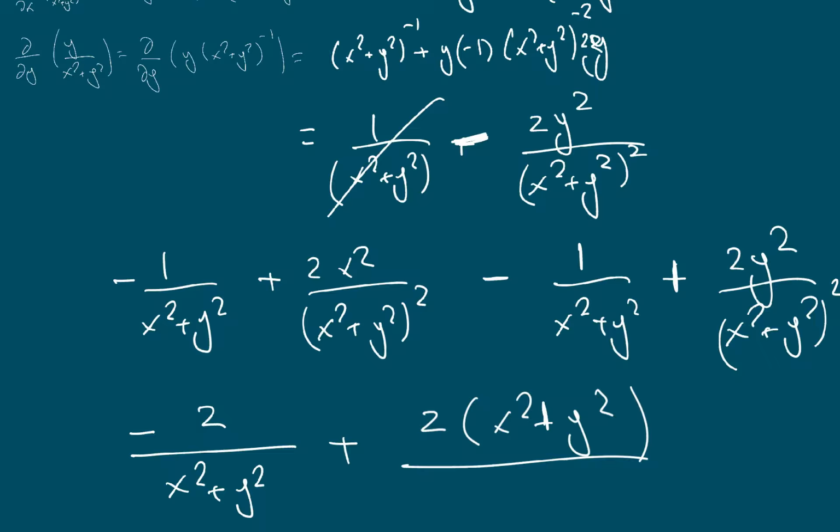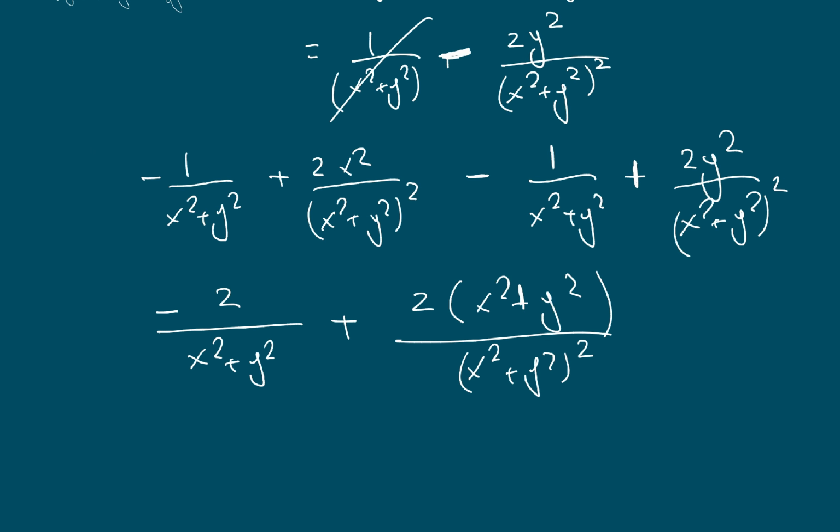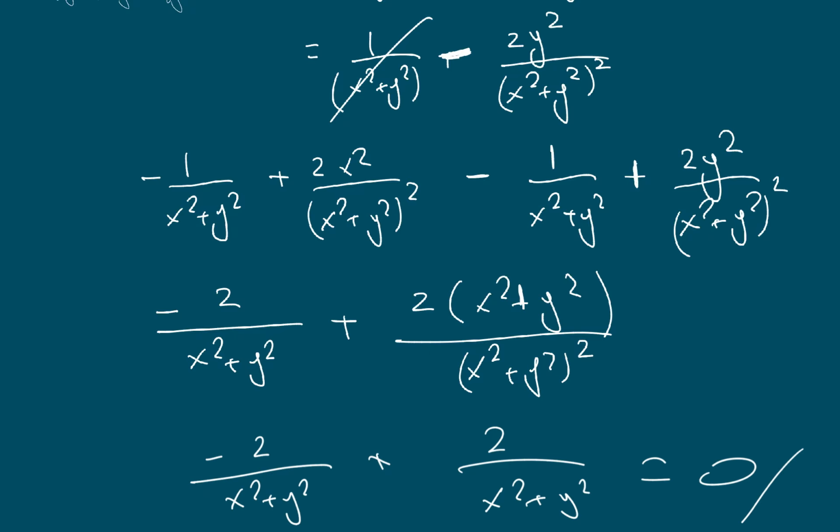So it's 2 times x squared, exactly, divided by x squared plus y squared, squared. So it's minus 2 times x squared plus y squared plus 2 times x squared plus y squared. This is 0. So the field is conservative.